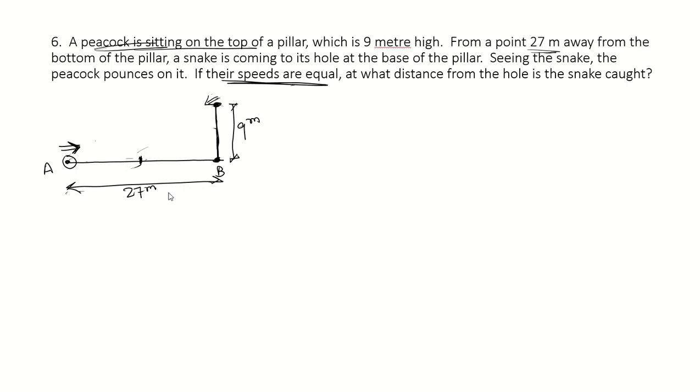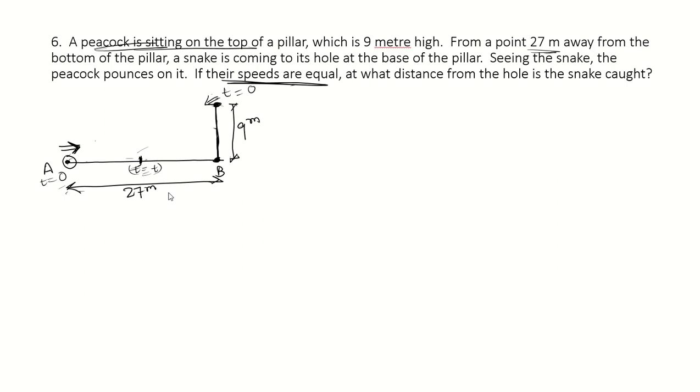Let's say this was at time t equals 0. The peacock also started its journey at t equals 0, and then both of them met here at t equals t. So the time duration for both the peacock and the snake is t minus 0, let's say t seconds.